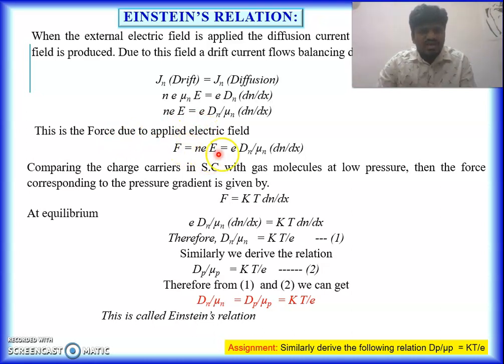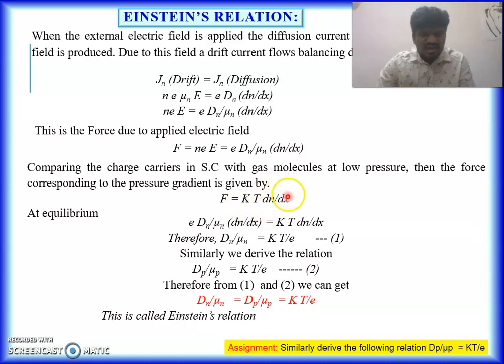Therefore, F is equal to n e E, which is e Dn by mu_n times dn by dx. But comparing the charge carriers in the semiconductor with gas molecules at low temperature, the force corresponds to the pressure gradient, so that F is equal to kT dn by dx. This is the gradient field.